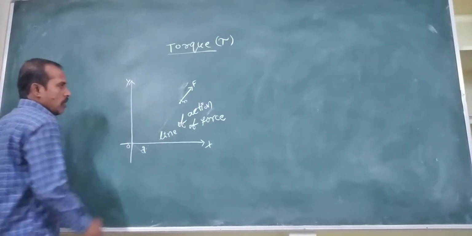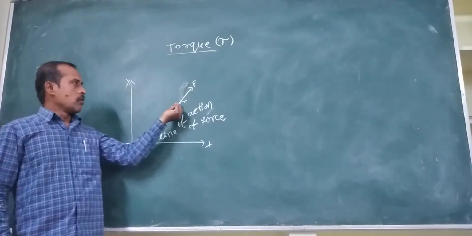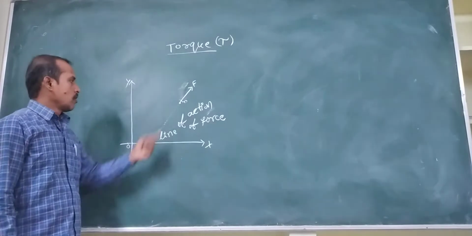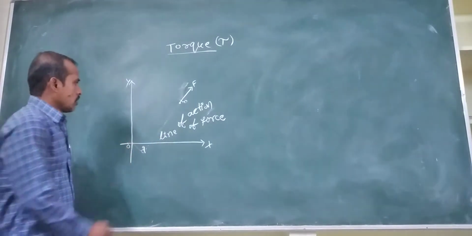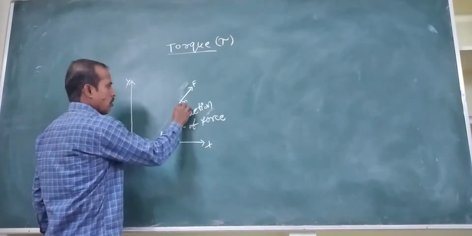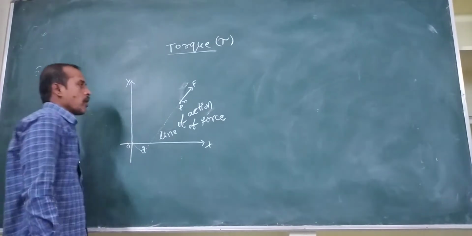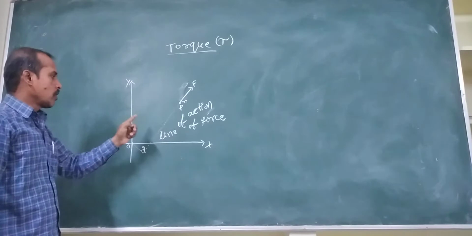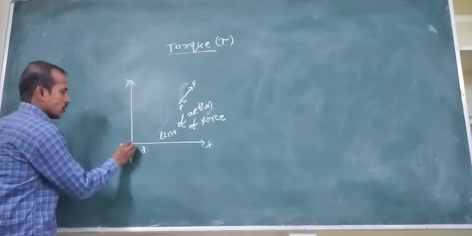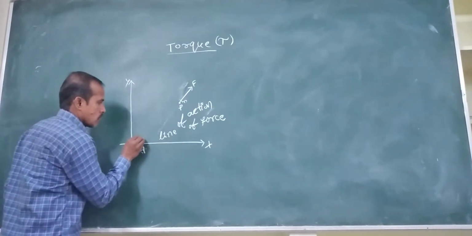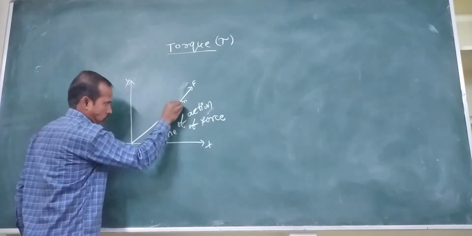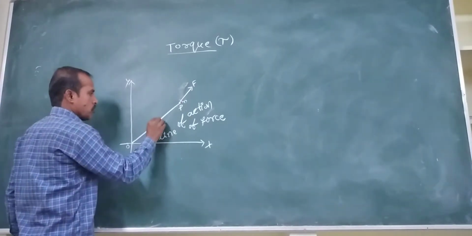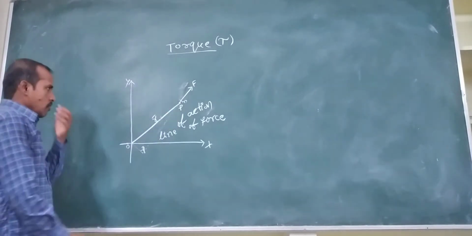So the position vector of the particle from the origin: for example, the particle is at point P. The position vector of the particle from the origin, this one is the position vector.